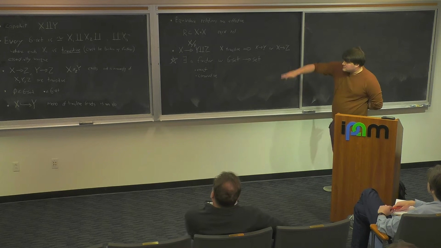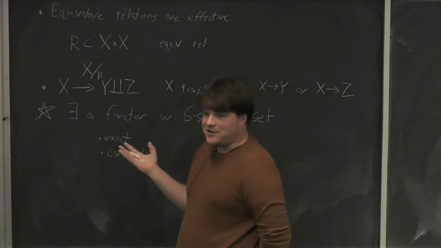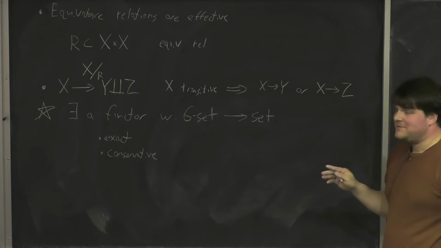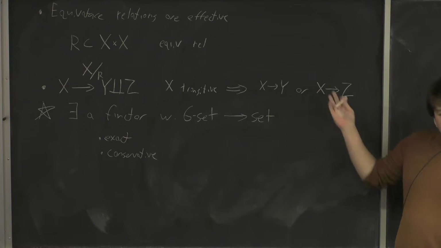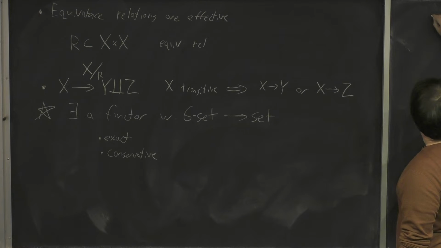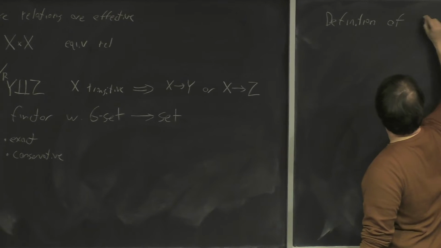If I just take a category that has all of these structures, this is what we call a Galois category. So this is the definition of a Galois category.